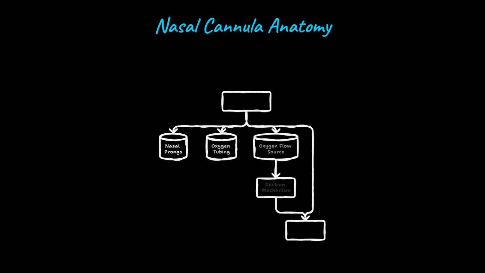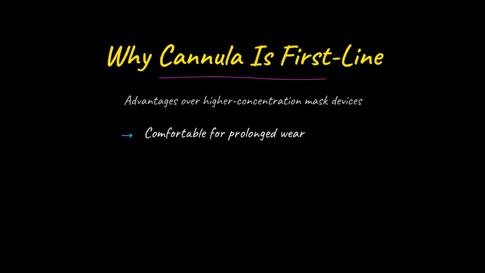The mechanism is dilution. The prongs deliver supplemental oxygen into the nares, where it mixes with surrounding room air during each breath. The resulting inspired concentration depends on the flow rate set, plus the patient's own tidal volume and respiratory rate. The nasal cannula dominates low-flow oxygen therapy because it is comfortable, allows normal eating and conversation, and is simple to apply.